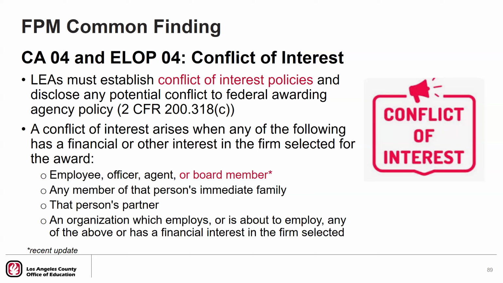Please note that board member is in red because this was recently specified in the updated Code of Federal Regulations. It is important to ensure that the policy includes disciplinary language to address violations to the policy, as this is a common finding for the conflict of interest policy in both CA04 and ELOP04.